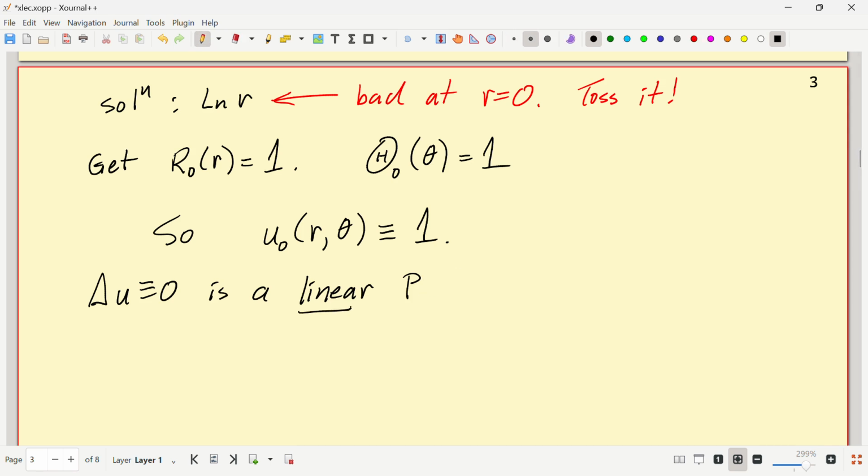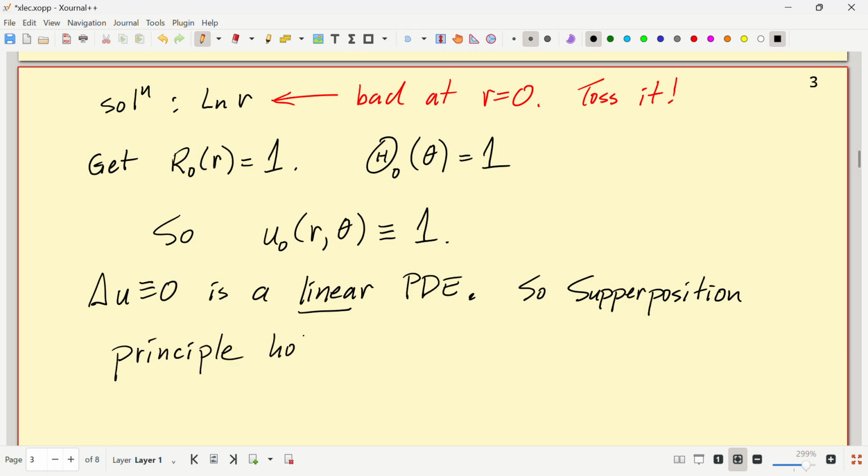meaning I can add solutions together and get more solutions via the superposition principle. So I can take linear combinations of solutions and get more solutions. So the superposition principle holds, meaning I can take linear combinations of solutions to get more solutions.